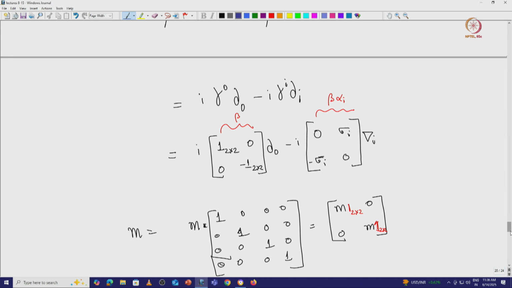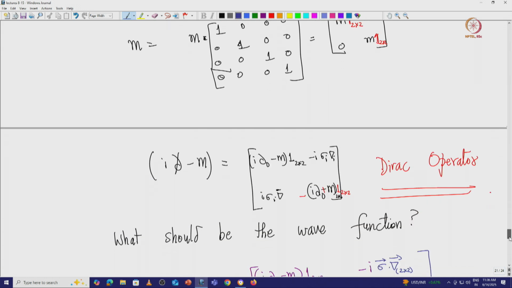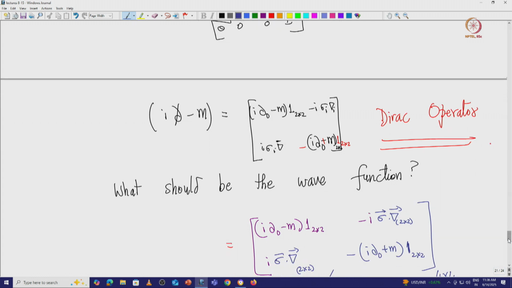Substituting them back into this relation, we have written it in this particular fashion, so that it becomes a 2 by 2 matrix made up of 2 by 2 matrices themselves. So it is in total a 4 by 4 matrix essentially.